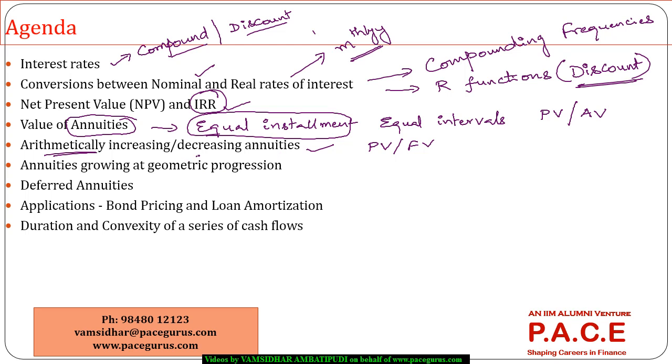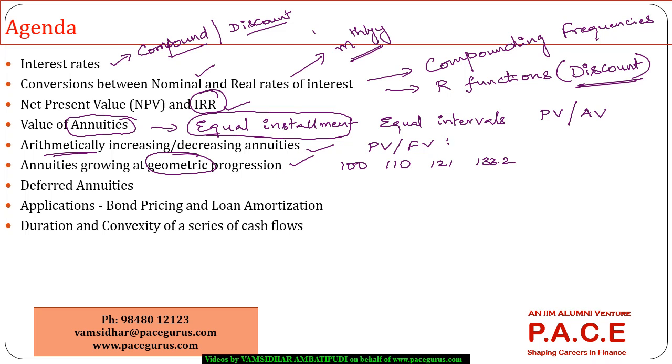Similarly, in some cases, the amounts would be growing not in an arithmetic progression, but in a geometric progression, right? Probably 100, it would be increased by, let's say, 10%, 110, 121, 133.2, so on. So the annuity is growing at a geometric progression.